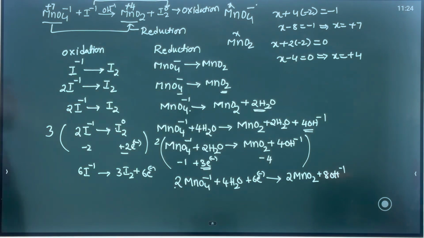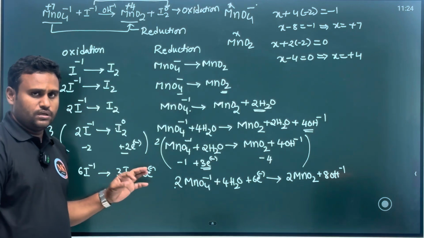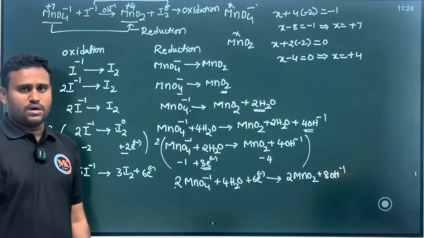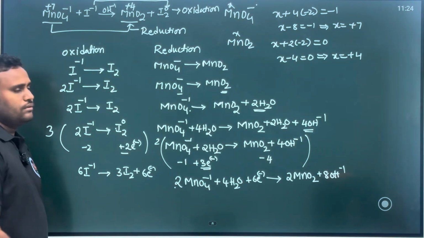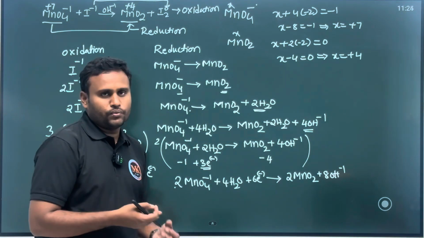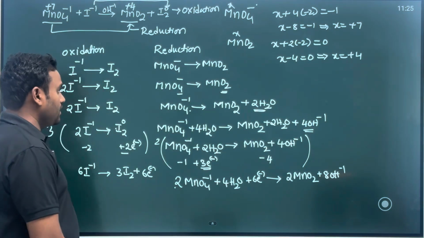So this is the equalizing of the number of electrons in both the oxidation and reduction half reactions. Next, simply add the two half reactions and you will get the final balanced reaction.